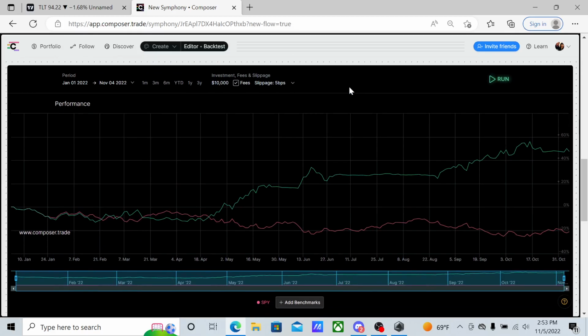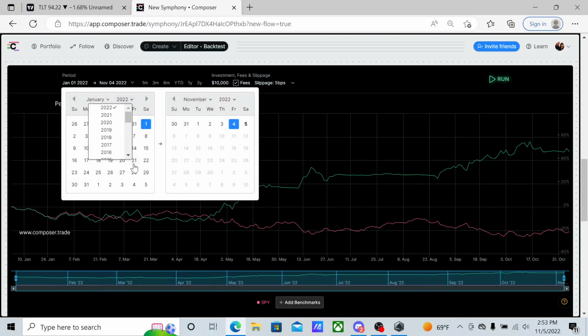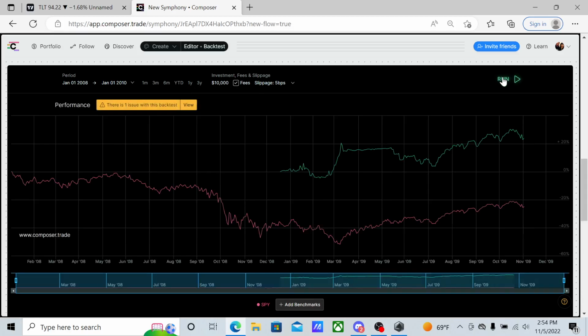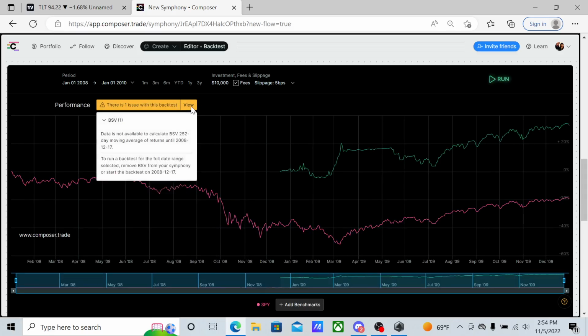And you know what? Let's look at this. Let's go to 2008 to, let's just say, 2010. Because TLT probably would have been much stronger. What the hell?